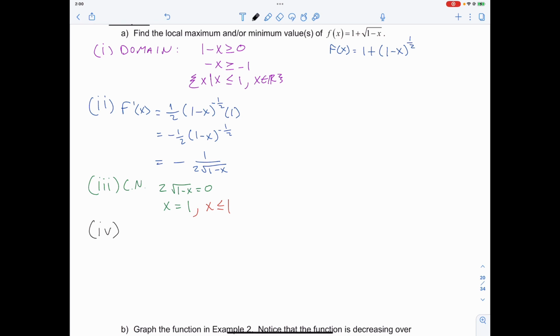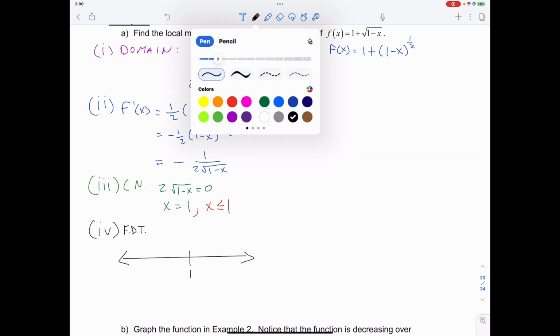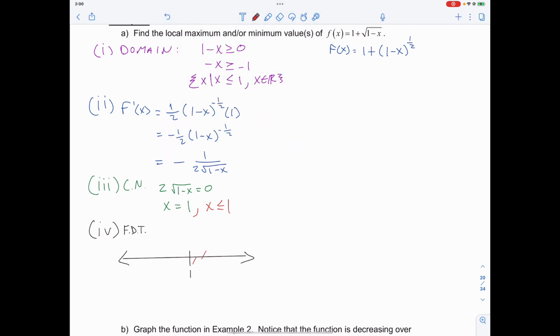Then I'm going to go into my first derivative test. Now we know that x has to be less than or equal to 1, which means that, reasonably speaking, this region does not actually exist.